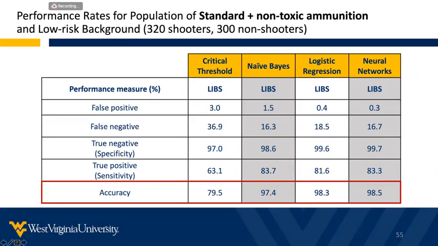We are working on generating the non-toxic population. We already have a pretty good number of the standard population, and when we have the two of them, we can combine mixtures of that population to get a better estimation of the error rates in these cases in which we can have mixtures of standard and lead-free ammunition.